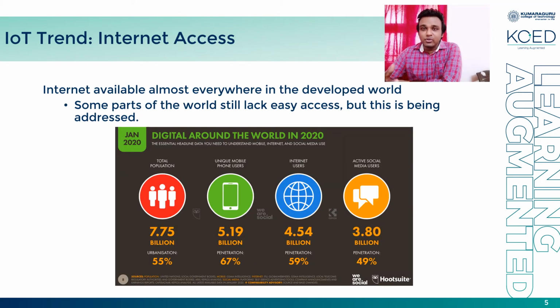Next we talk about internet access. The world population as per January 2020, according to Hootsuite, is 7.75 billion, of which 55% is urban. The unique mobile users number 5.19 billion, internet users around 4.54 billion, and social media users 3.80 billion.